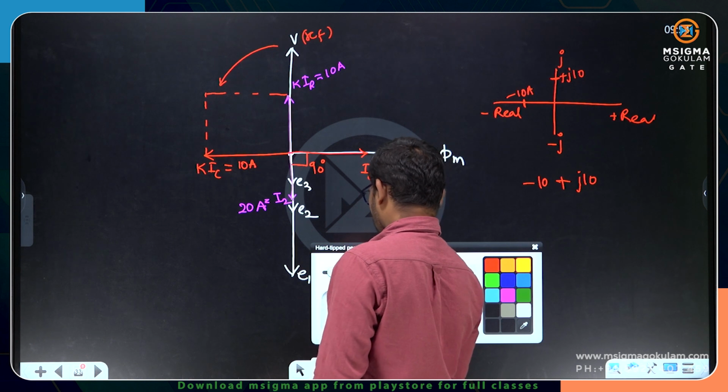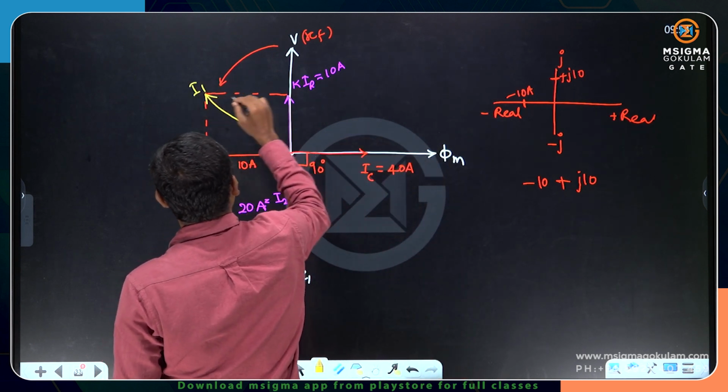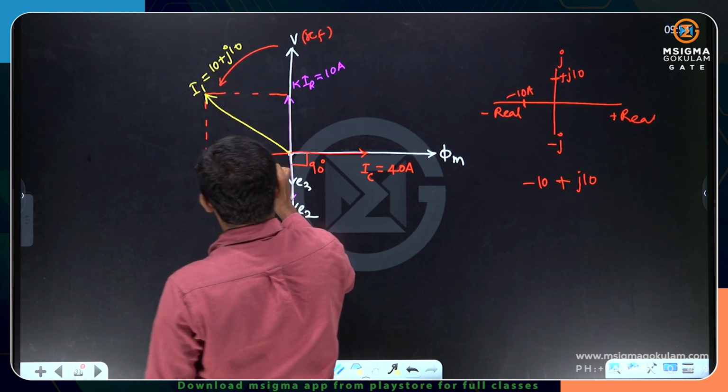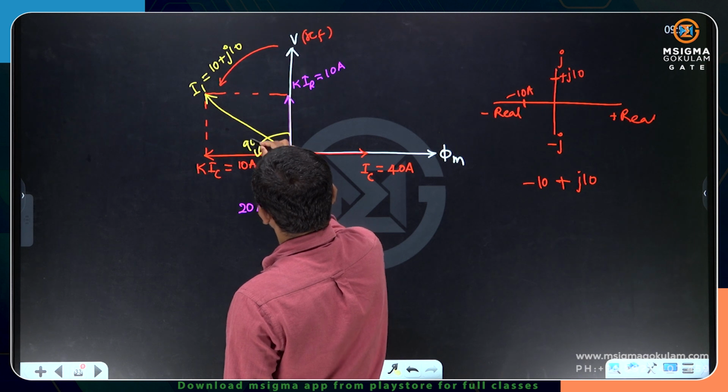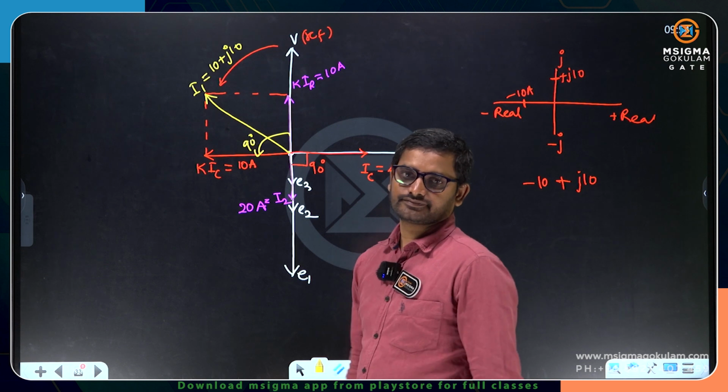The resultant current is the primary current I. How much is this? 10 plus j10. This is leading by 90 degrees with respect to voltage, so this is plus j10 and this is the real axis.